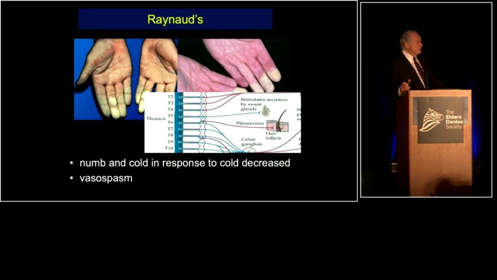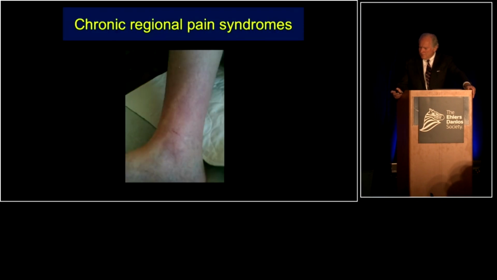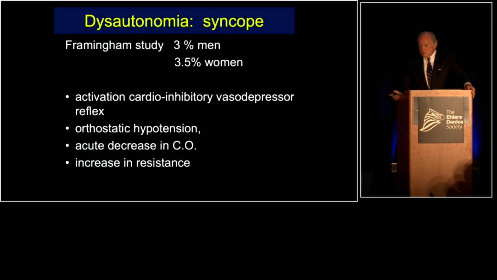Raynaud's phenomenon occurs when there's abnormal autonomic function to the skin, abnormal blood flow. So in response to cold or stress, the hands may turn red and sweat a bit, and this is Raynaud's phenomenon. It can also cause a chronic regional pain syndrome that Dr. Chopra will have much to say about. We see a lot of syncope with dysautonomia.